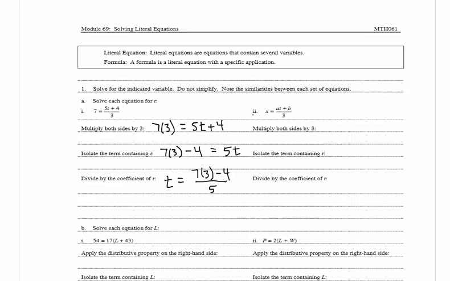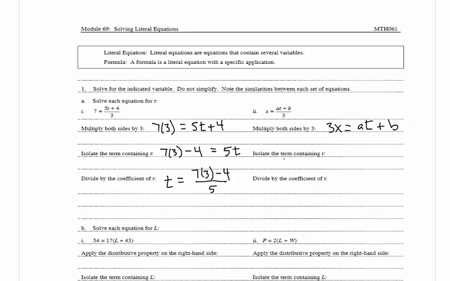And now in 2, we have x is equal to a times t plus b divided by 3. And we're going to go through the exact same steps as we did in 1, except now we have a few more variables involved. So we want to multiply both sides by 3, and we have 3x is equal to at plus b.